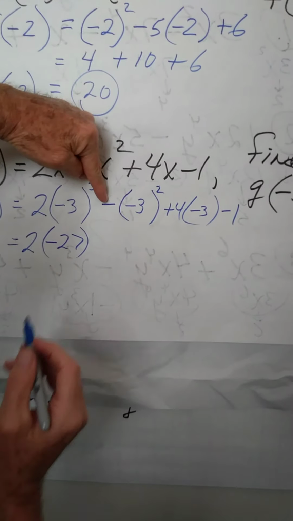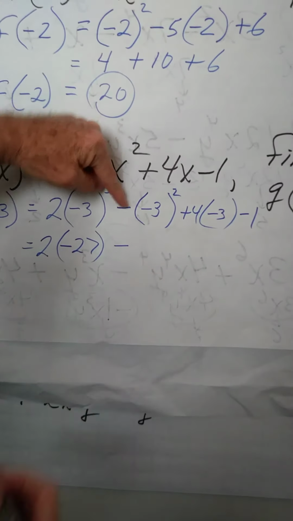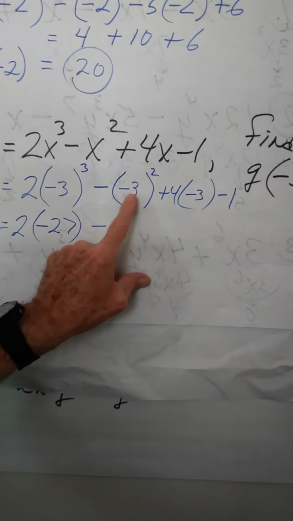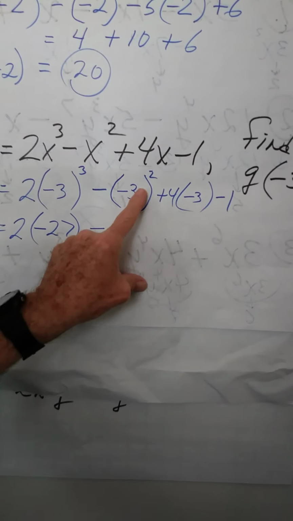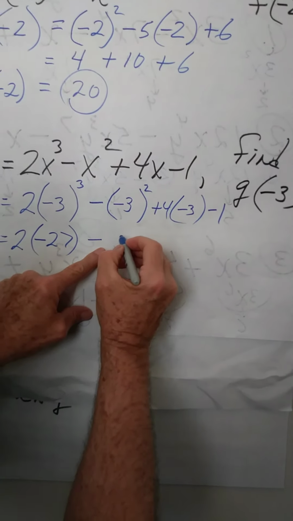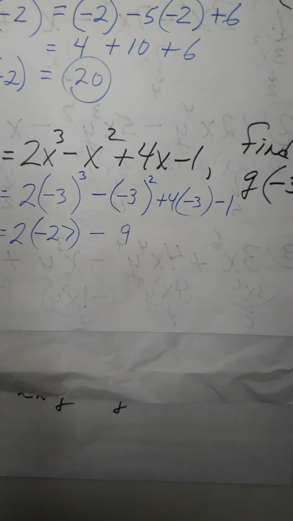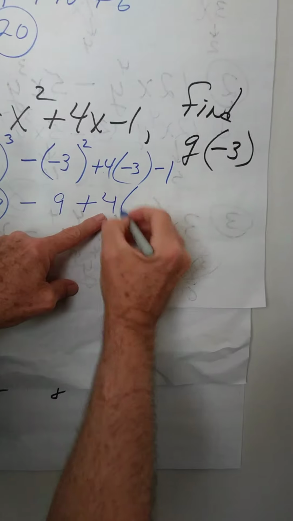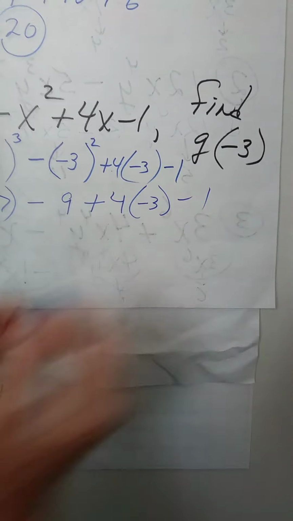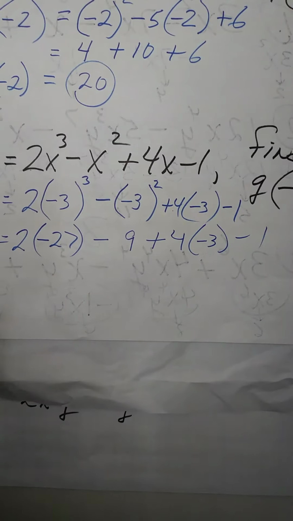Just going to bring down this subtraction sign. Now let's take care of this. Negative 3 to the second. Negative 3 times negative 3, 9. I'm just going to go ahead and bring that down. I'm not going to touch it at all yet. Back to the left.